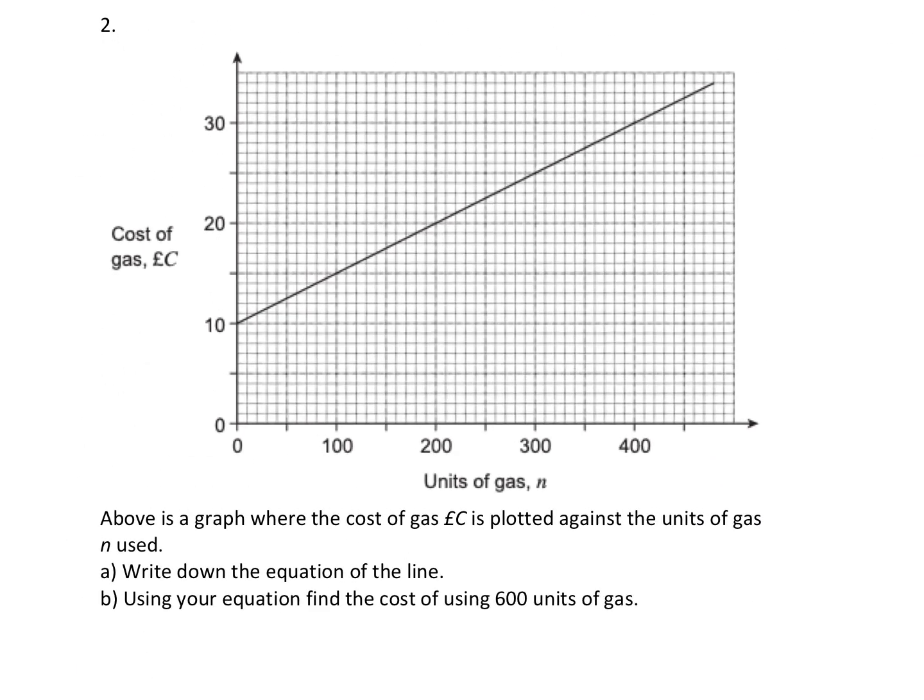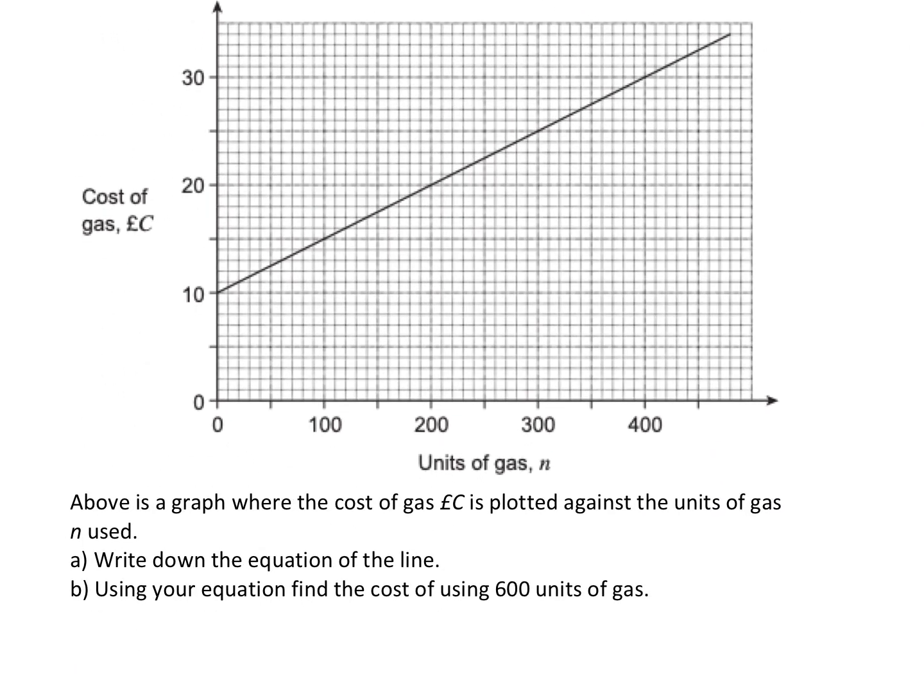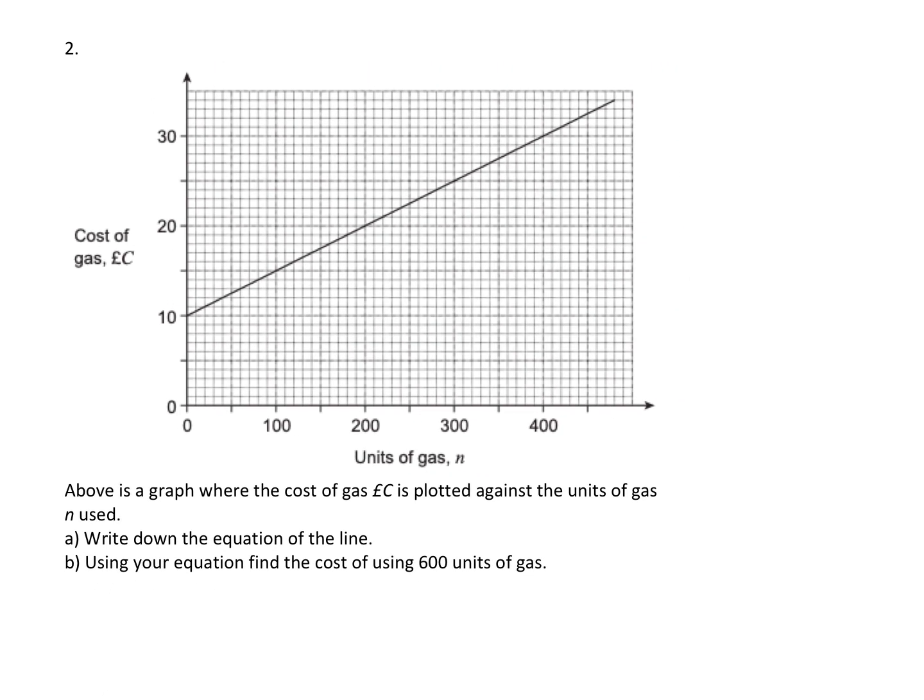Example 2. Above is a graph where the cost of gas, C pounds, is plotted against the units of gas N used. So we've got the cost up the side, that's our y, C in this case, and then our x is actually going to be n for the number of units of gas used. We have to write down the equation of the line. So like the last question, we do the same idea.